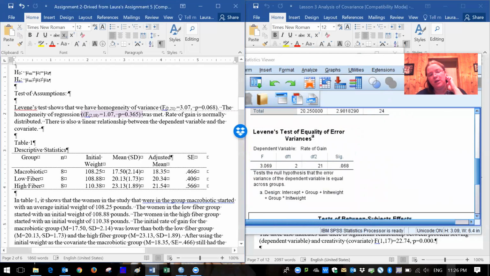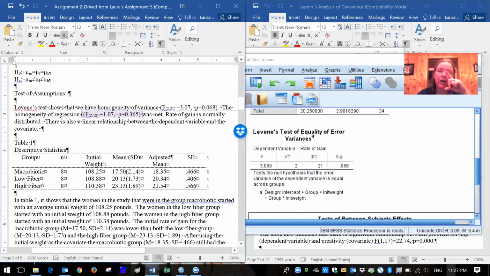So both of these assumptions are met, so that's good. So the rate of gain is normally distributed, and there's also a relationship between the dependent variable and the covariate. And I think that relationship is based on having the Levene's test and the homogeneity of regression met.